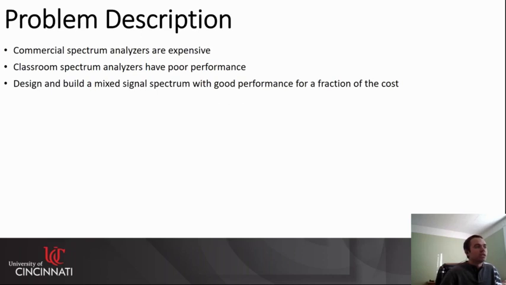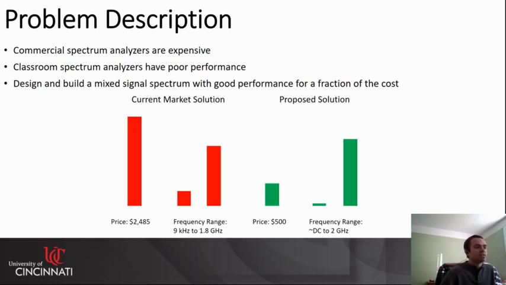So first things first, what is the problem? There already are many spectrum analyzers out there. The problem is that these spectrum analyzers would be pretty expensive for a university to allocate funds in their budget for. So what we are proposing is a spectrum analyzer of reasonable performance, something that a university would use to have their students debug circuits.